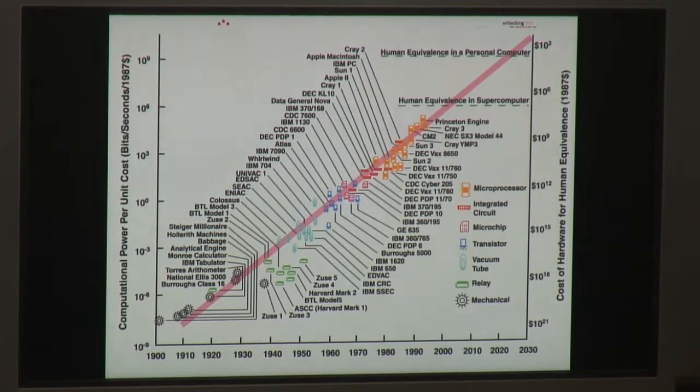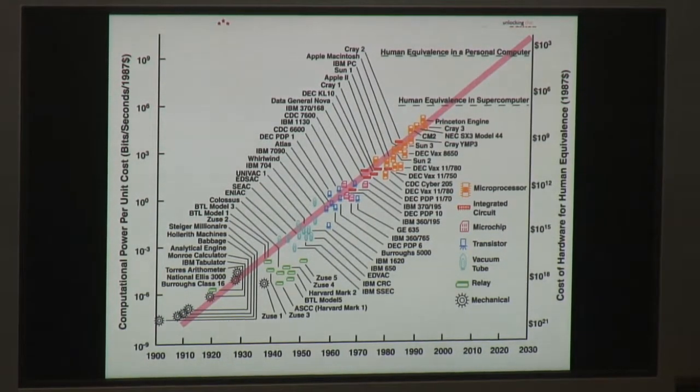At the left-hand side of the graph are mechanical computers. Then, by the 1940s or so, you had the relay computers, and the Z25 that I showed you is an example of one of those, along with the Z3, 4 and 5. And then there were vacuum tubes and transistors and so forth, up to the microprocessors that we have today.